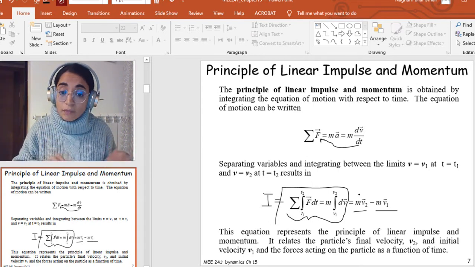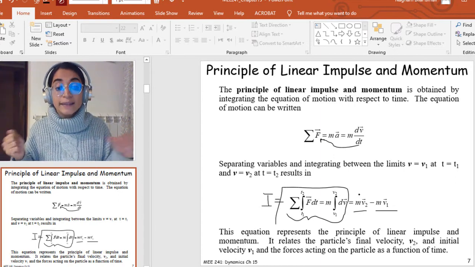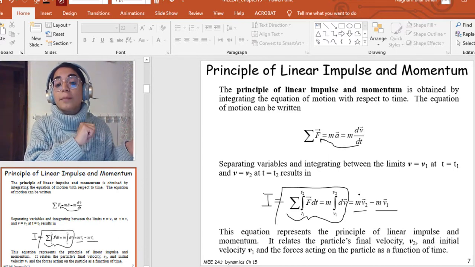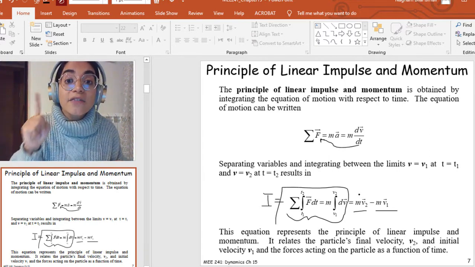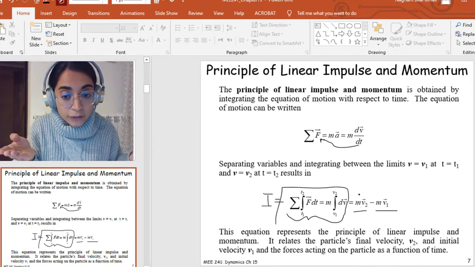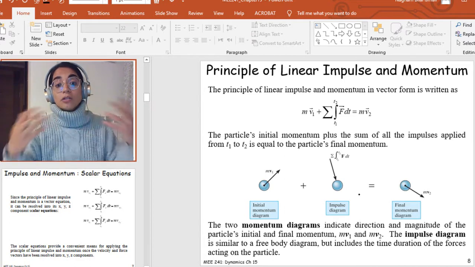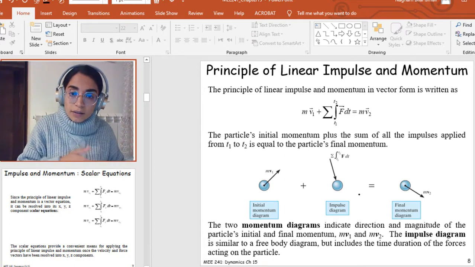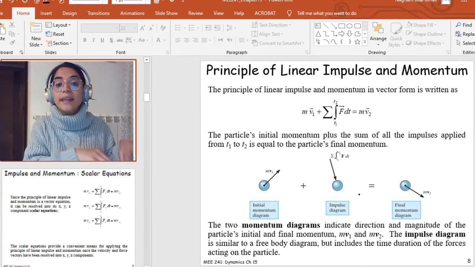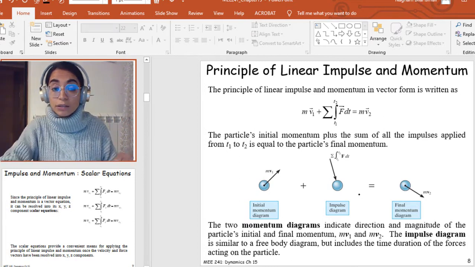This equation relates the particle's final velocity v2 and initial velocity v1 with the forces acting on this particle as a function of time. So if I don't know the forces in terms of time, I cannot do the integration. And this also means that if I take this mv1 before the equal sign, mv1 plus the sum of the integration of F dt is equal to mv2.